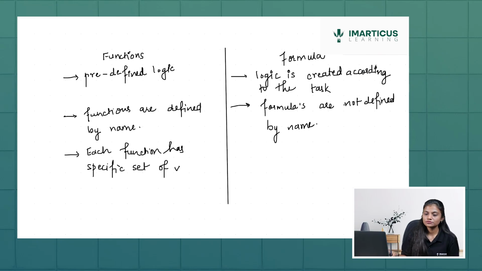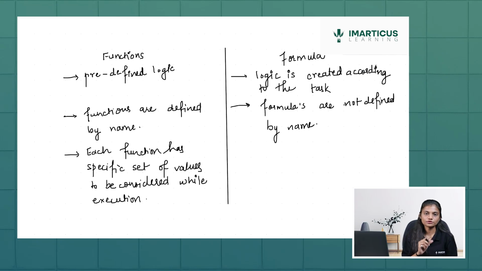While executing, this function will ask for specific values. Let's say some might ask for a certain range, some might ask for a column name, some might ask for the row number, some might ask for the conditions which are there. So these are the specific set of values that would be considered by a function.